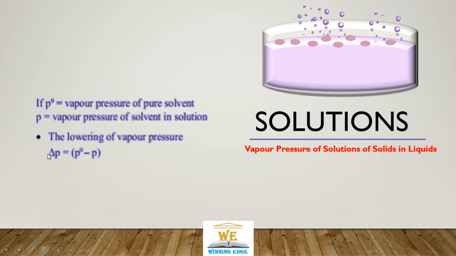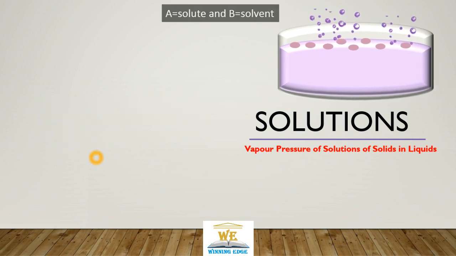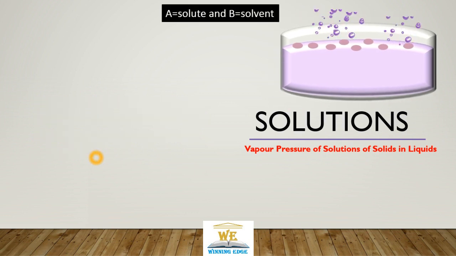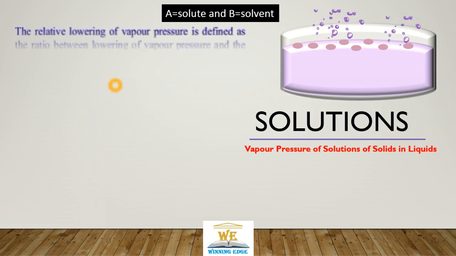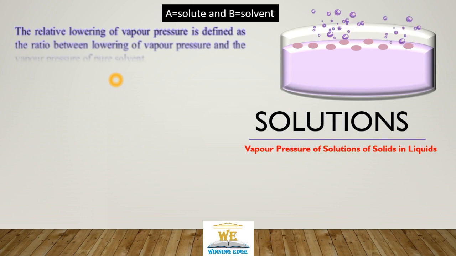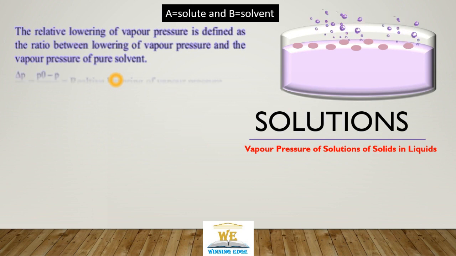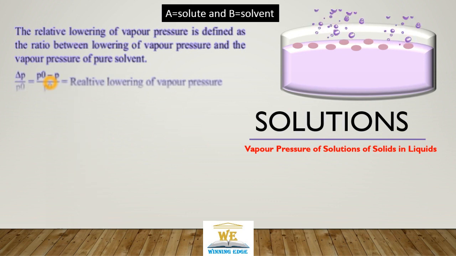That change in or lowering of vapor pressure will be vapor pressure of pure solvent minus vapor pressure of solution, which is P. Here, the relative lowering in vapor pressure is defined as the ratio of lowering of vapor pressure to the vapor pressure of pure solvent. That's what is called relative lowering of vapor pressure.